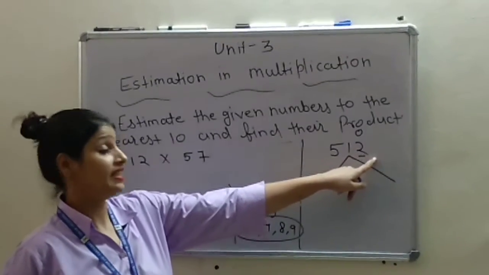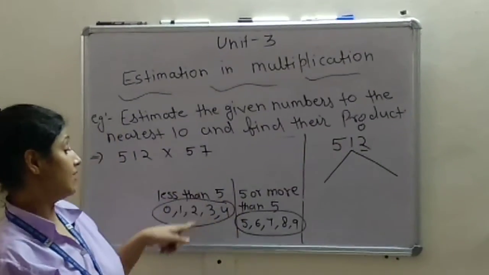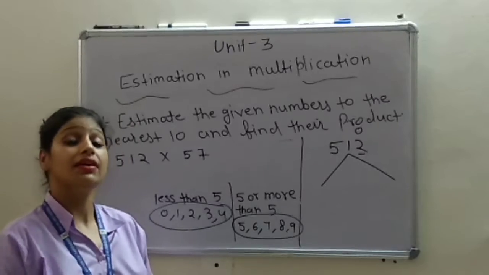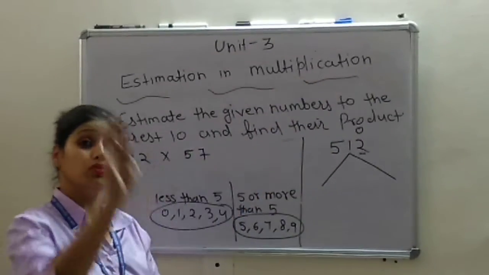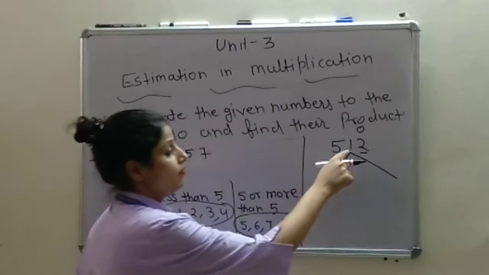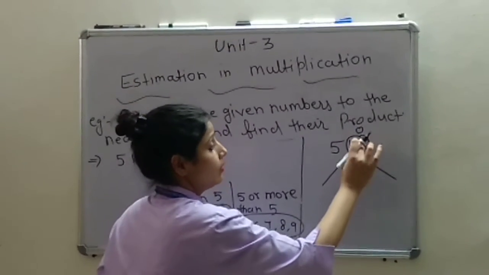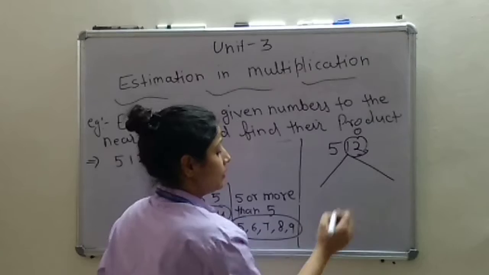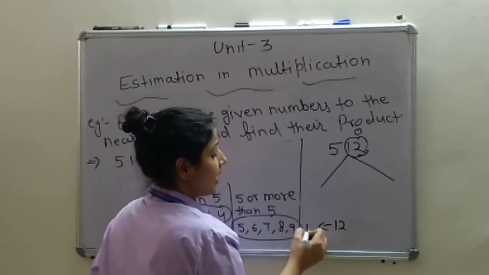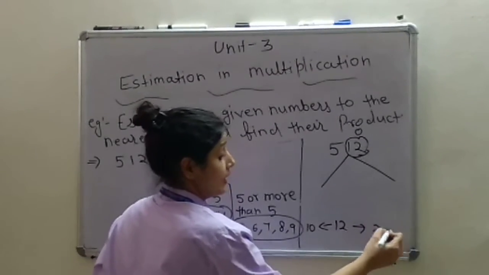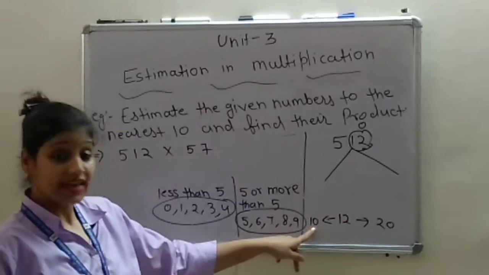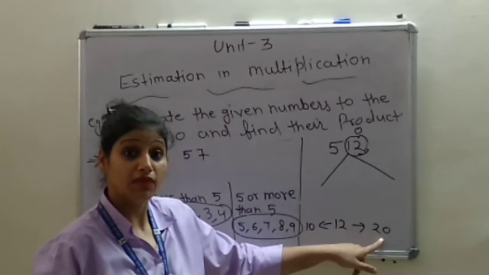Here we see the digit at ones place is less than 5. When it is less than 5, we round off the whole number to the lower 10. So we can simply see this 12 should be either 10 or 20. This is the lower 10 of 12. This is the higher 10 of 12.